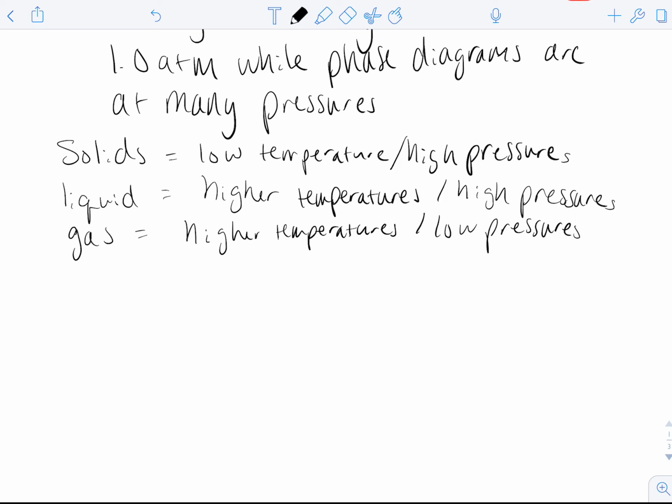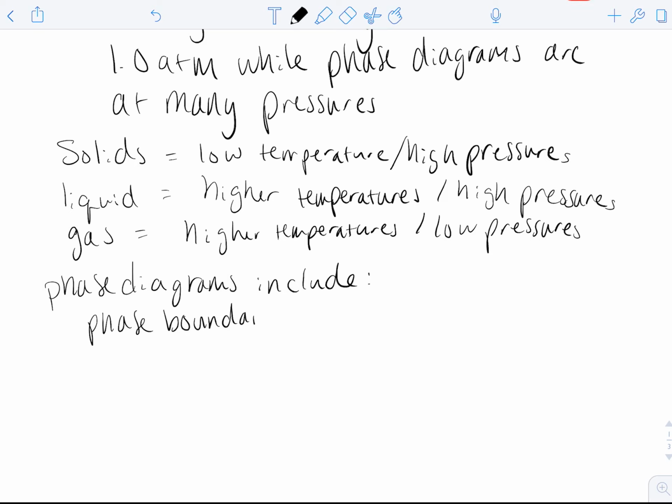And within our phase diagram, we're going to see several different things. So they include phase boundaries. We generally see a solid-liquid boundary, a solid-gas boundary, and a liquid-gas boundary.